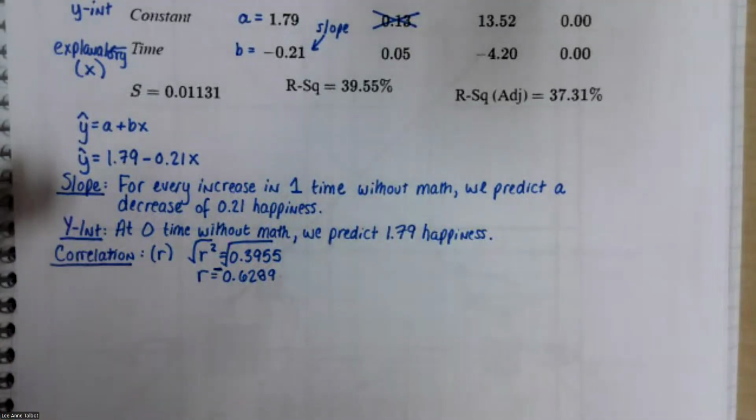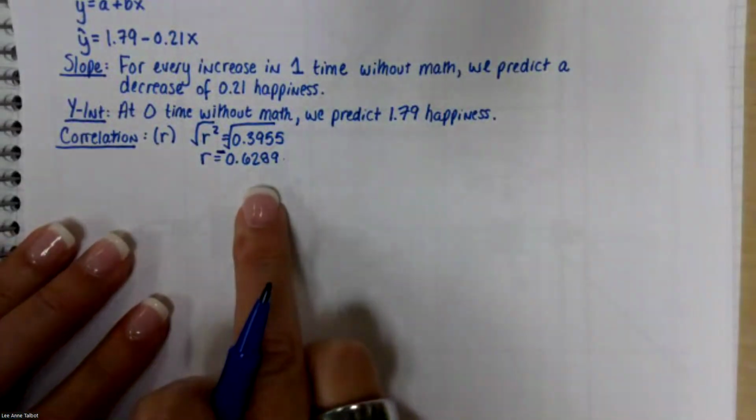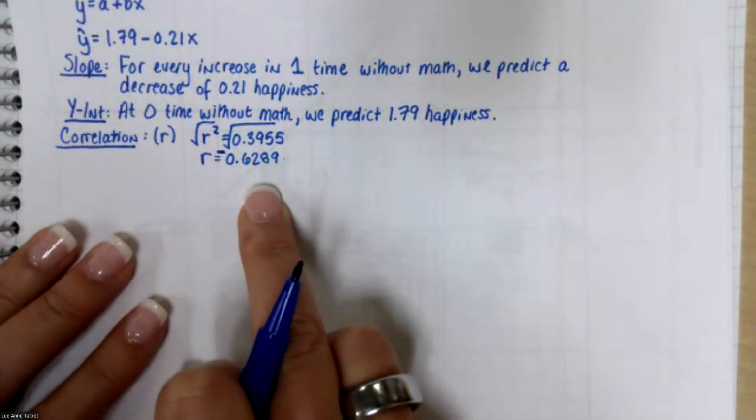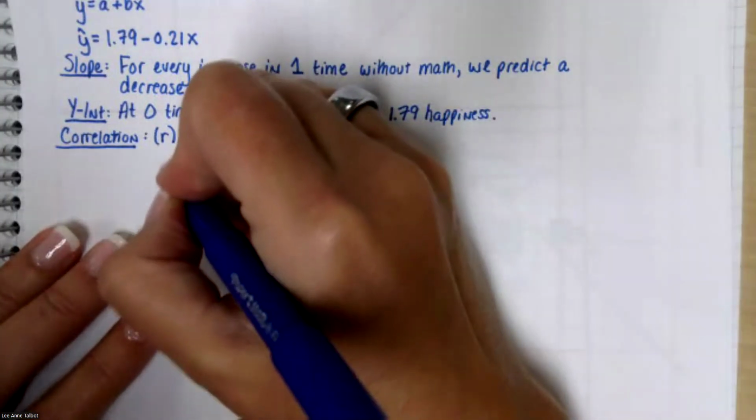Okay, so now we can write a correlation sentence, kind of. 0.62, strong, moderate, or weak? Moderate.